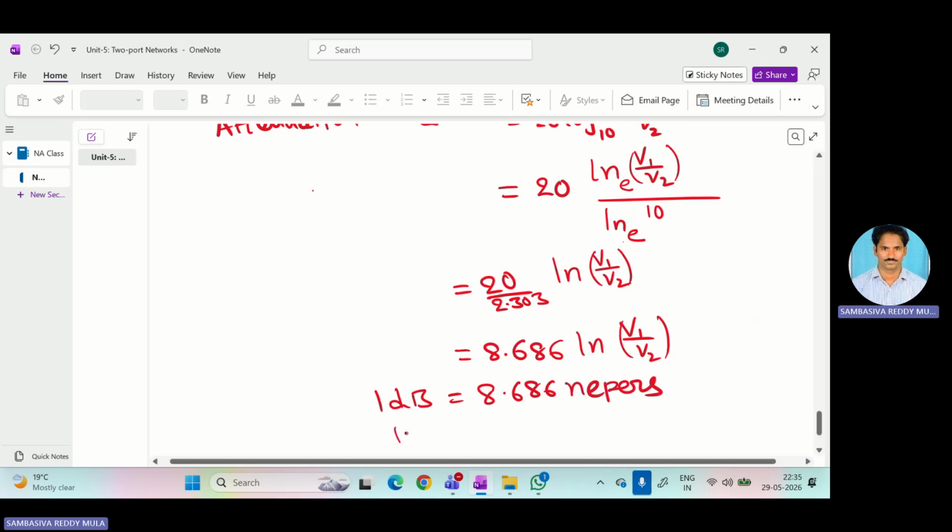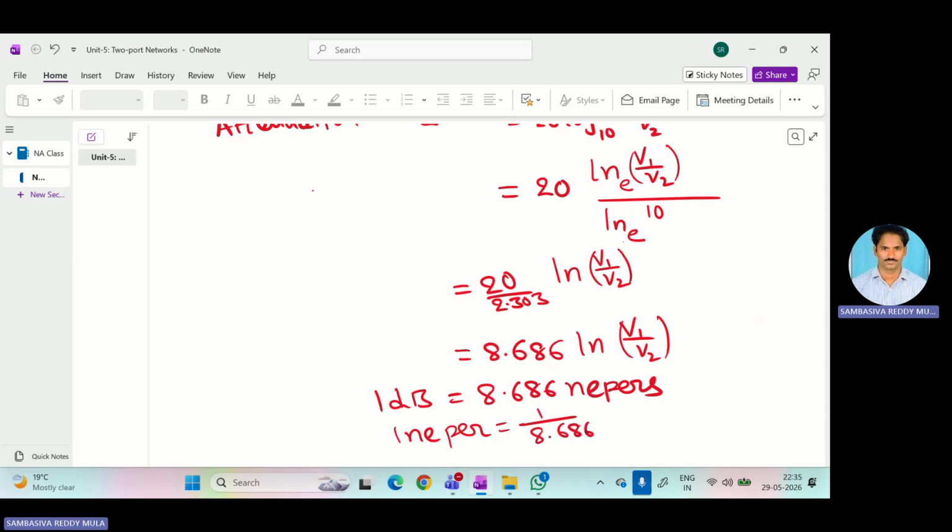Similarly, 1 dB is 1 divided by 8.686 Nepers, that is 0.115 Nepers. So 1 Neper equals 8.686 dB, or 1 dB equals 0.115 Nepers. This is the relation.